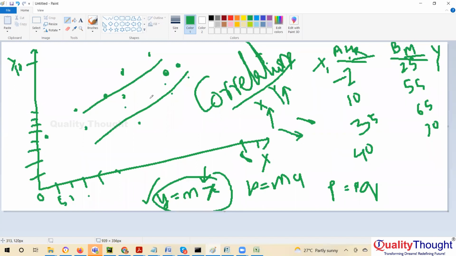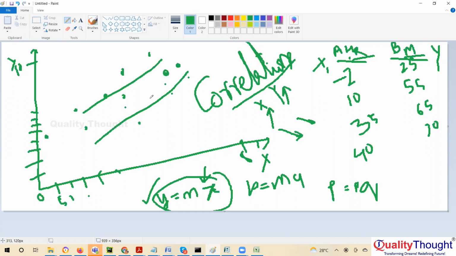So we say that there is no correlation. So you'll have three types here: positive correlation, negative correlation, or no correlation. You can also have strong negative, strong positive, weak positive, weak negative.